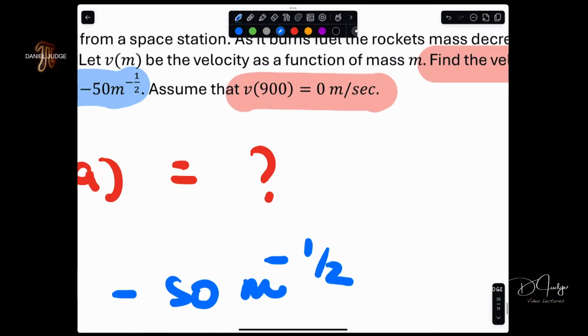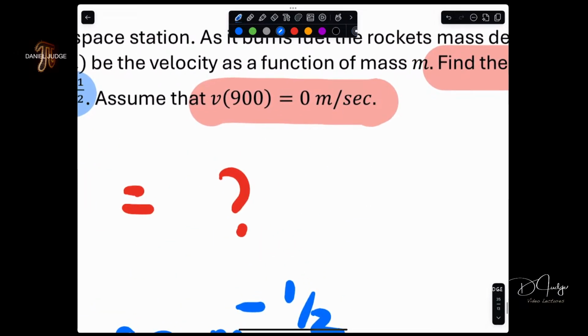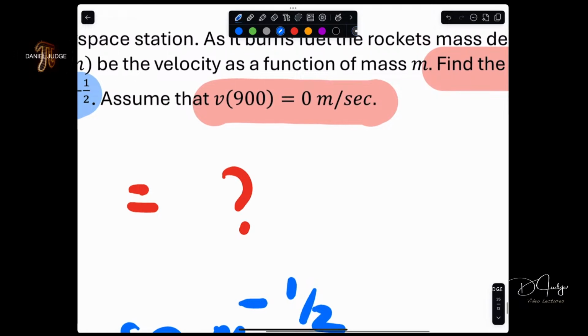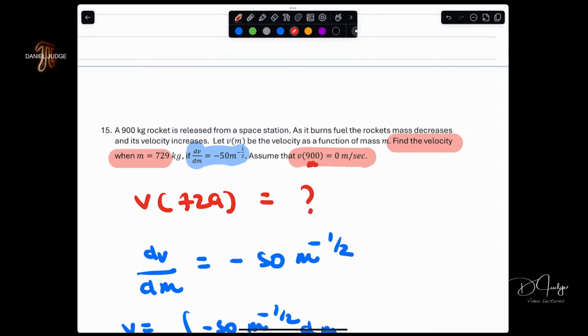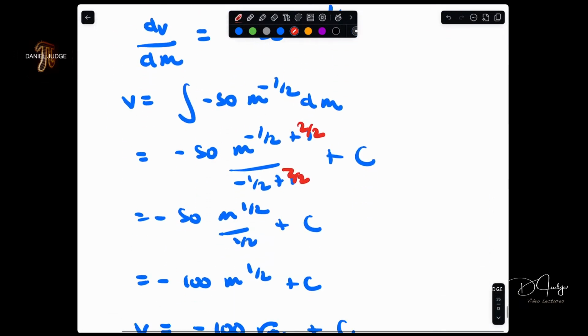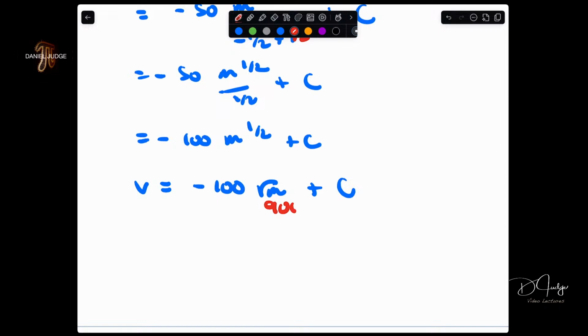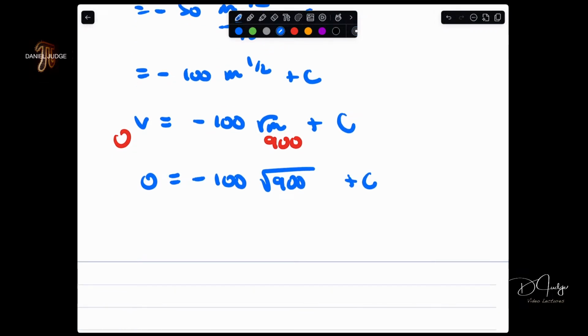So we have to apply the initial condition to get the constant c. So they're saying when mass is 900, the velocity is 0. Because it has a full tank of gas, I guess, so it's not even moving. Okay. 0 velocity when it has all the fuel. Now, square root of 900 is the square root of 9 times, that's going to be 3 times 30. So we say 0 is negative 100 times 30 plus c.